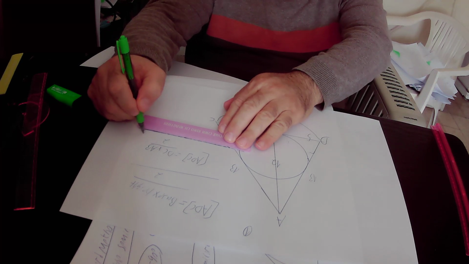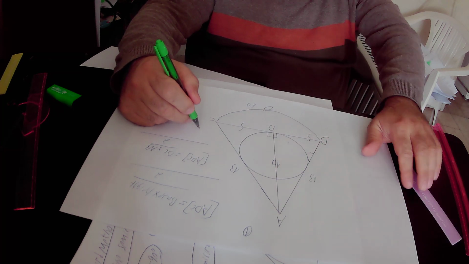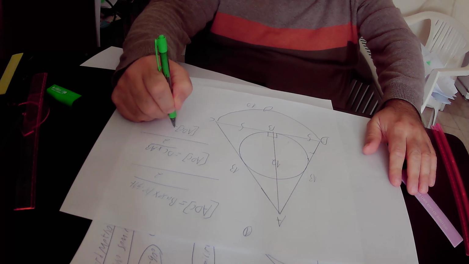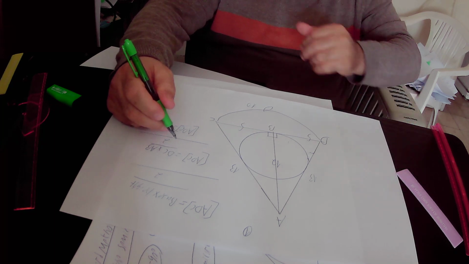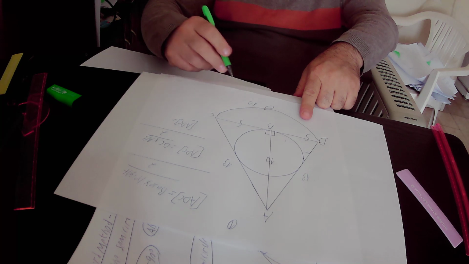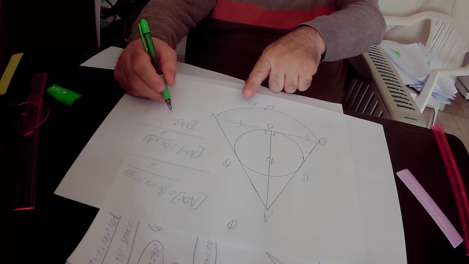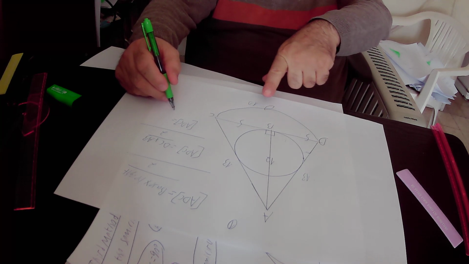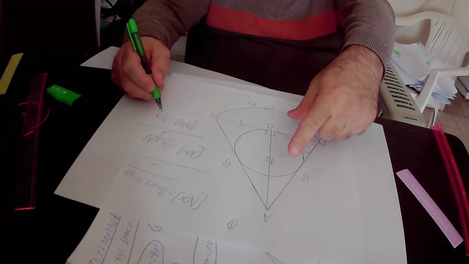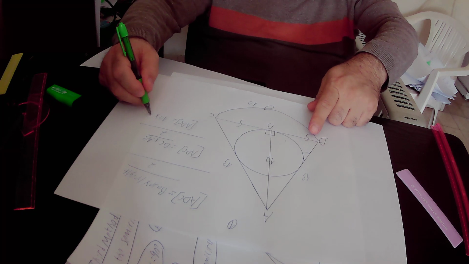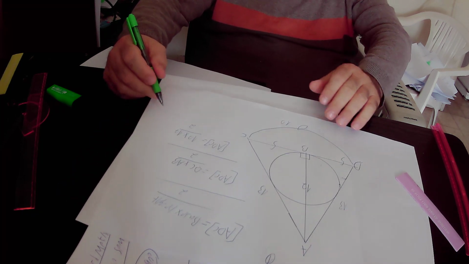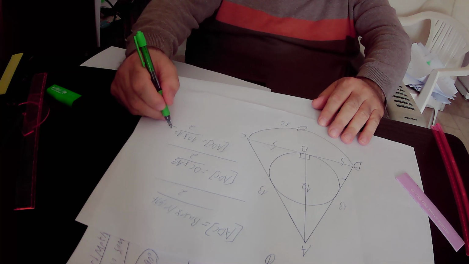So the area of triangle ADC is equal to DC, which equals 10 units, it is BC plus DB, that is 5 plus 5, times the height, that is 12 units, AB equals 12 units, it is given in the question, over 2. 12 times 10 is 120. 120 over 2 is 60.